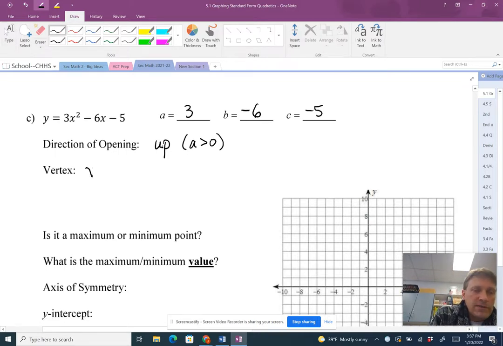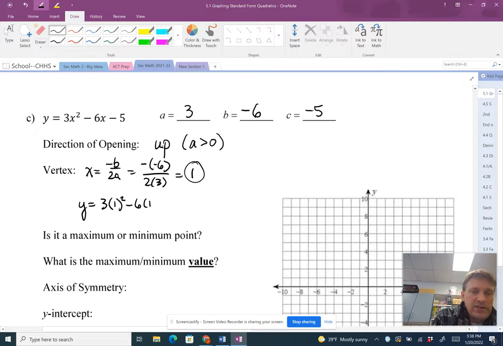Our vertex, x equals negative b over 2a. And in this case, that's negative of negative 6 over 2 times a, which is 3. Negative of negative 6 is positive 6, divided by 2 times 3, which is also 6. 6 divided by 6 is 1. So my x coordinate is 1, and y equals 3 times 1 squared minus 6 times 1 minus 5.